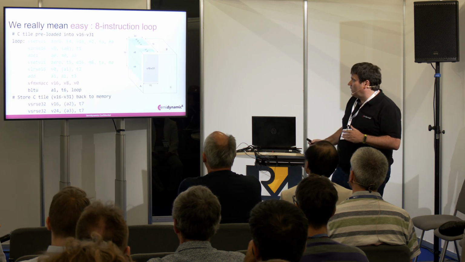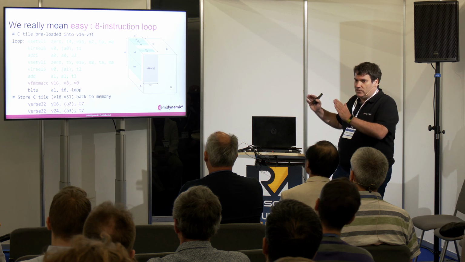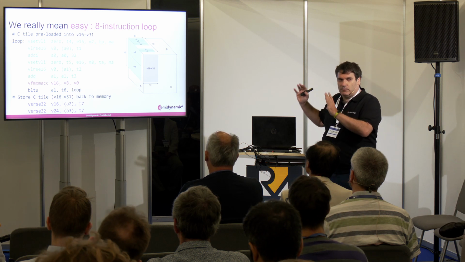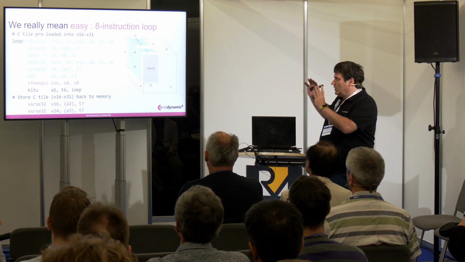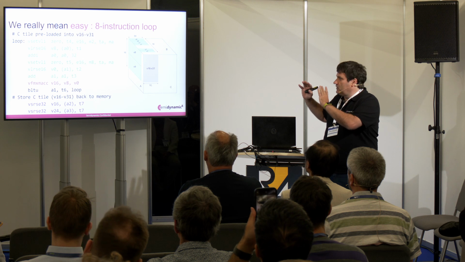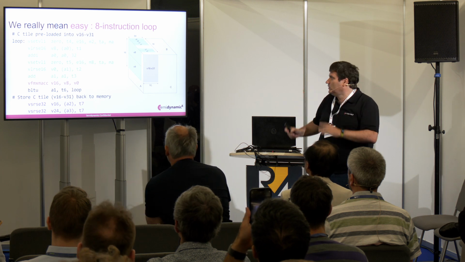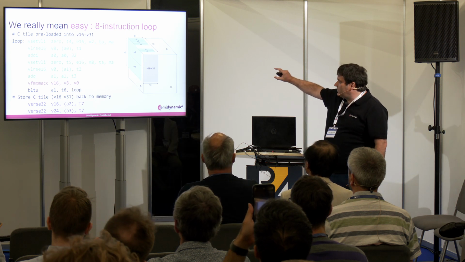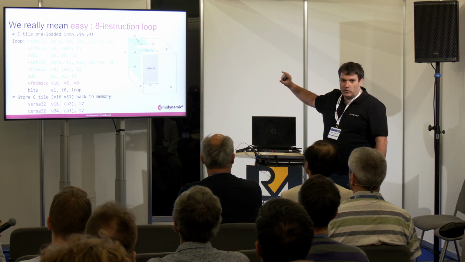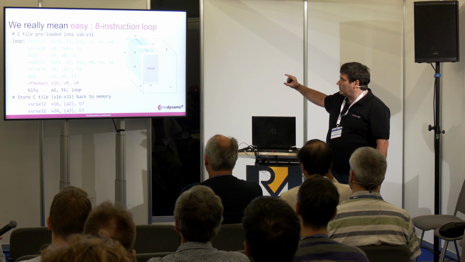This is clearer in the next slide: this is how the matrix multiplication program ends up in RISC-V, just an 8 instruction loop. The blue part, the first 3 instructions, is how I load matrix A into my vector register file.